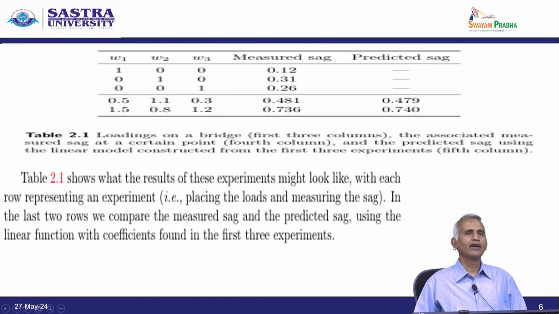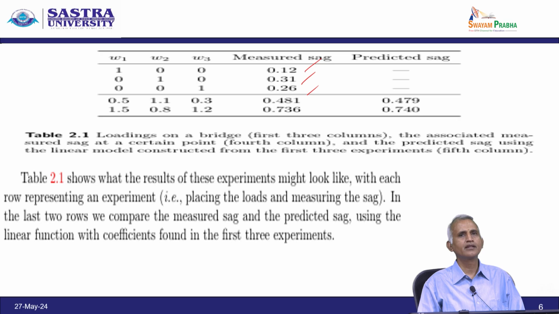Now, we have weights corresponding to W1, W2, W3. First you start with W1 as 1 and the rest are not associated, therefore put 0, so the first row is 1, 0, 0. Similarly, the second row is 0, 1, 0, the third 0, 0, 1, and the measured sag for W1 is 0.12, for the second weight 0.31 and the third 0.26.